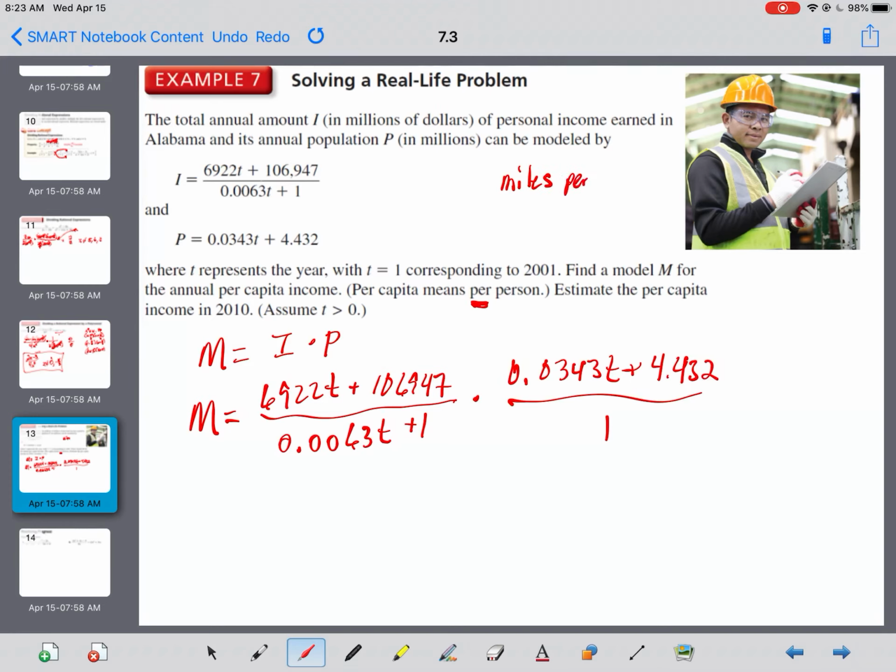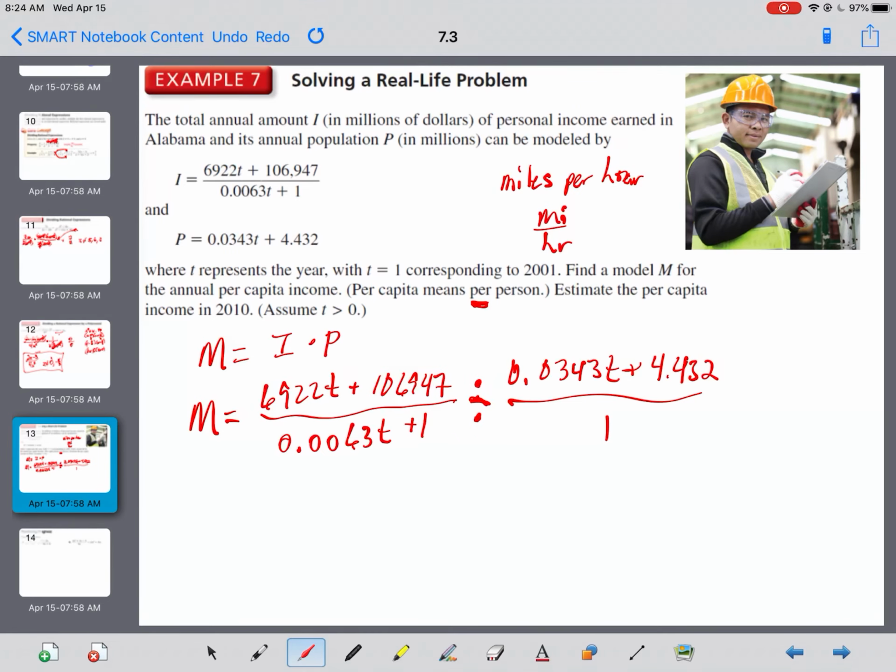Per. I'm an idiot. Look at that. If you do miles per hour, you do M divided by H, right? You do miles divided by hours. That's miles per hour.